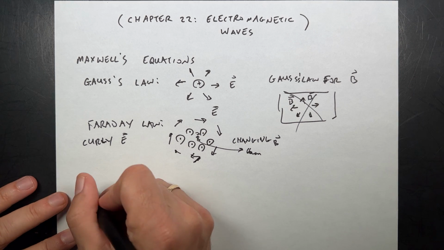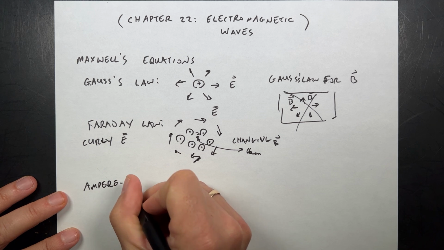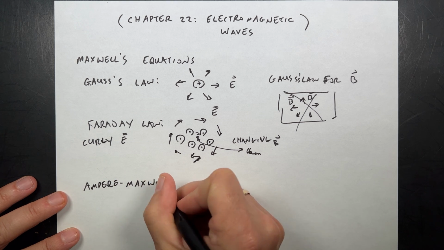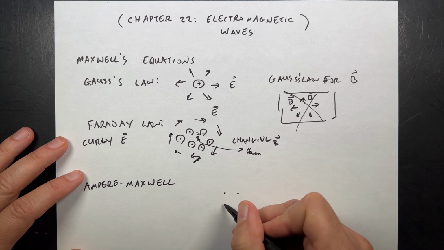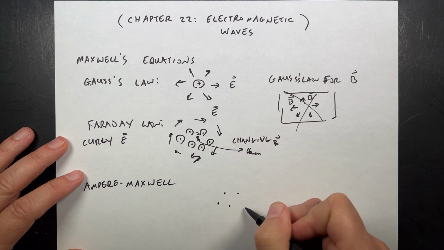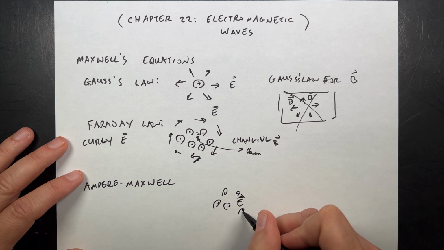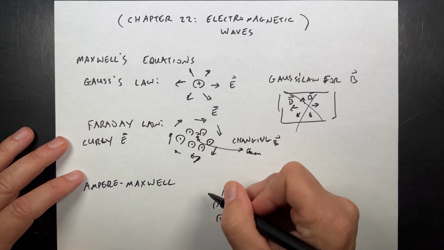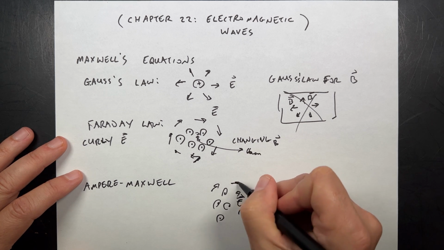And then finally we have the Ampere-Maxwell law. I'm going to draw it like this. This is the electric field, an E, and these are all coming out of the paper. And then I can have changing. If it's changing, I shouldn't even put that arrow there.